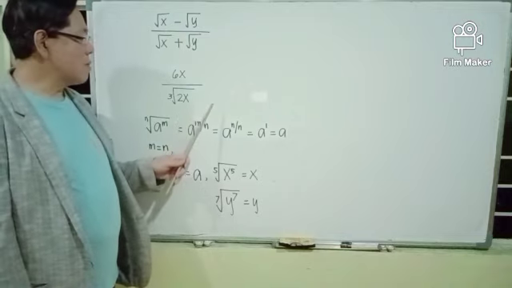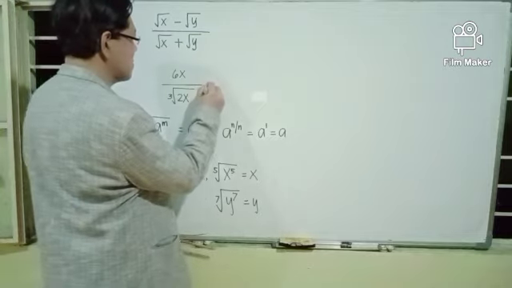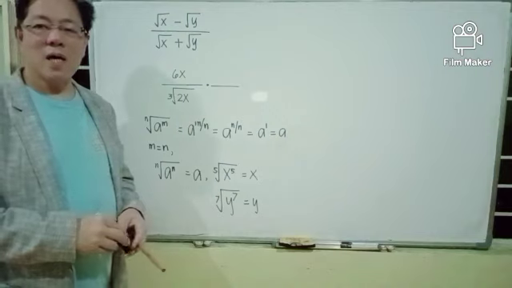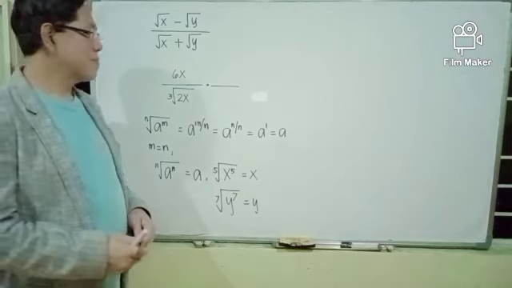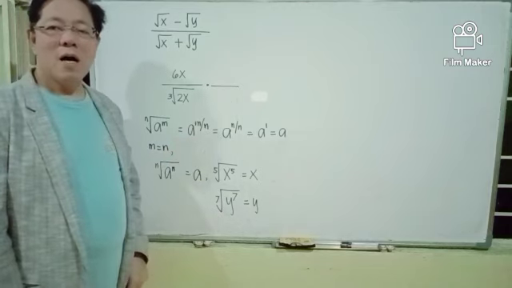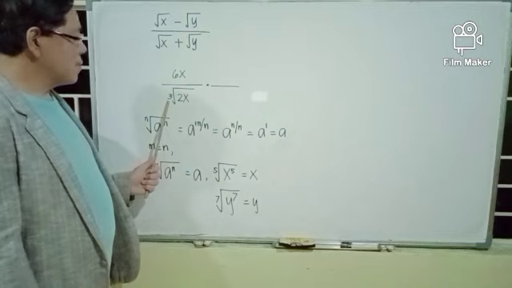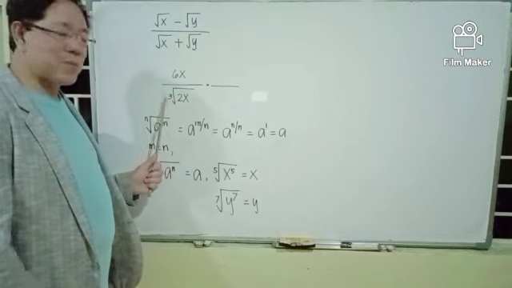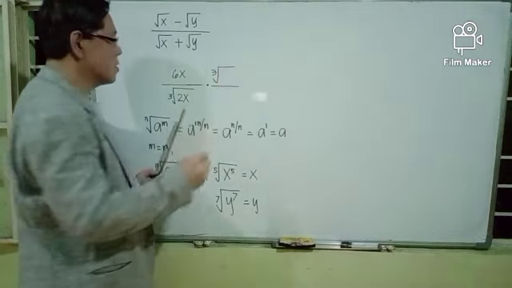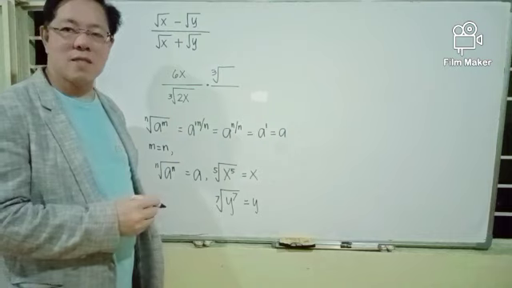And to do that, we multiply the numerator and denominator by a rational expression where the numerator and denominator are the same radical expression whose radical sign has index of 3. Also multiply the denominator with a radical expression whose index is 3.